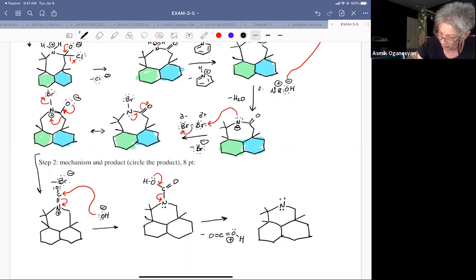Your nitrogen will have an extra pair of electrons. It can pick up the proton from your carbon dioxide. And we will form the final product.